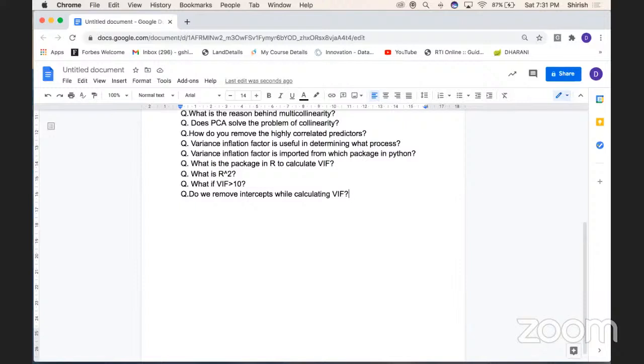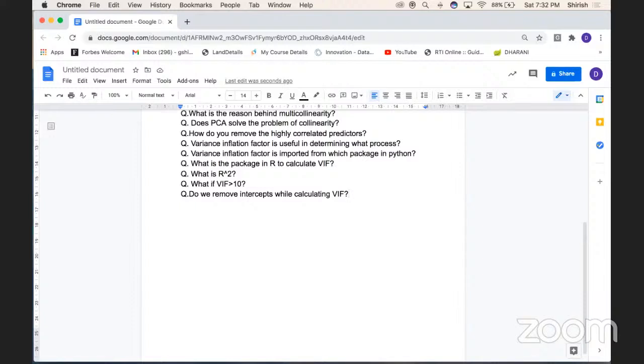VIF depends on the intercept because there is an intercept in a regression, which is used to determine your VIF. If the intercept is removed, what happens to your R square? There is no meaning in calculating R square then. It's not meaningful, it may even be negative, in which case VIF would be less than 1.